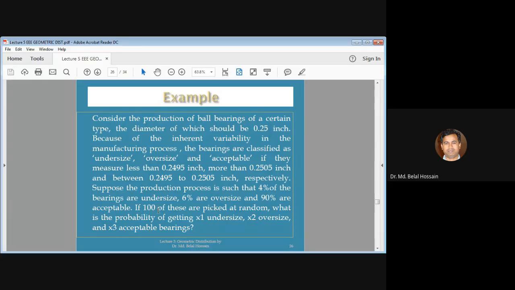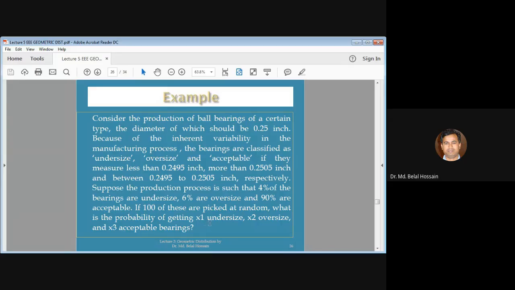So the values are given, so you have to first write the probability mass function of this multinomial distribution. So take some paper and pen and write down the multinomial distribution. What is the probability of getting x1 undersized, x2 oversized, and x3 acceptable bearings? Take some paper and pen and write down the probability function for this problem.